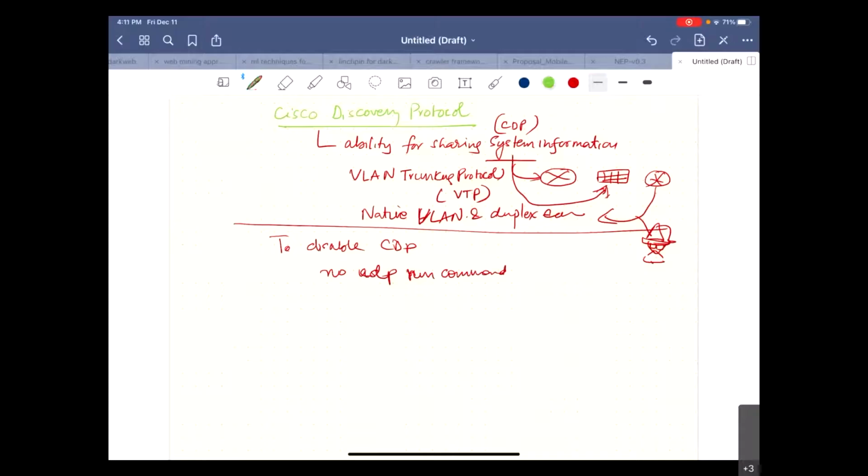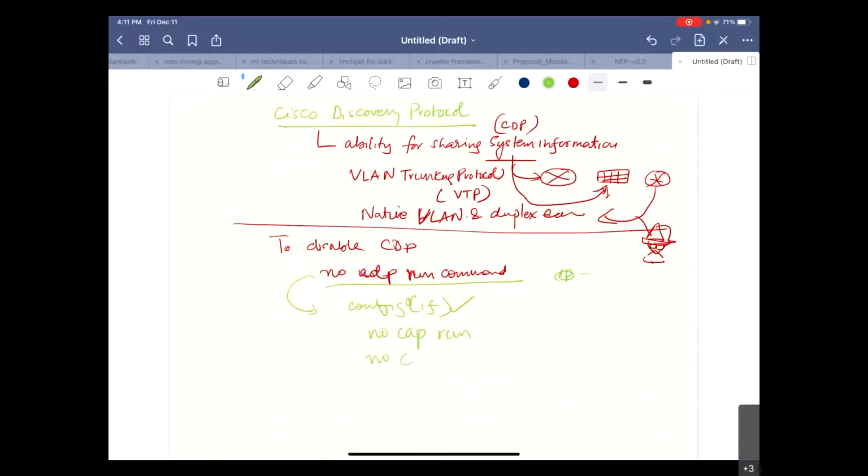And to disable CDP on an interface on a switch, you have to go to config-if. Go to the Ethernet interface E0, and in the configure mode, configure the command no cdp run, which is one command.